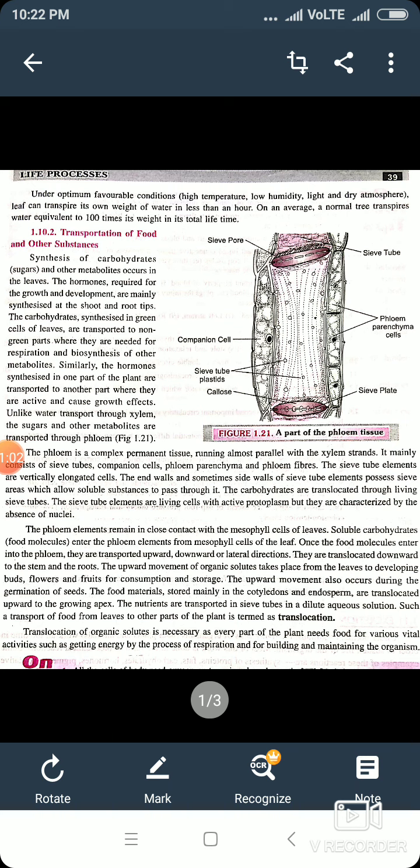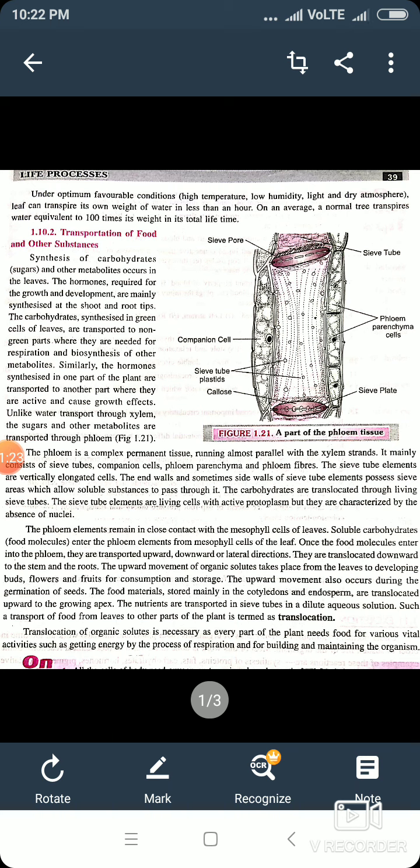Synthesis of carbohydrates, that is sugars, and other metabolites occurs in the leaves. The hormones required for growth and development are mainly synthesized at the root and shoot tips.